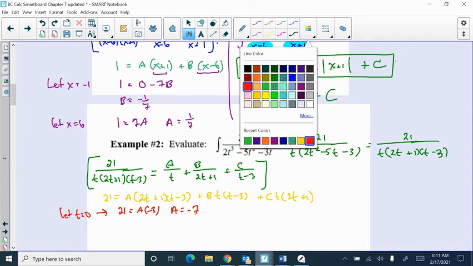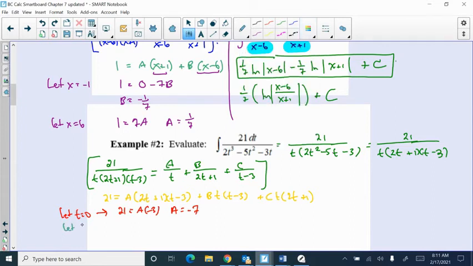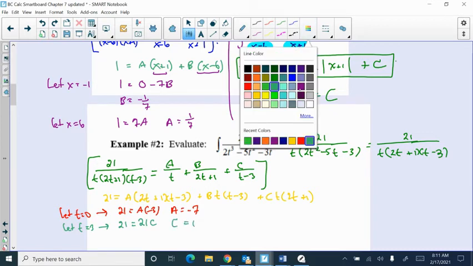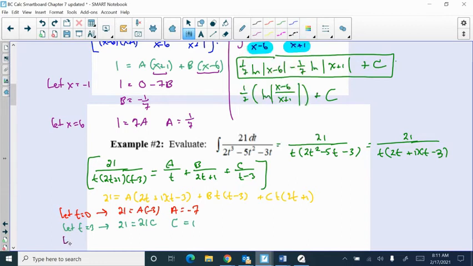Then let's let t equal 3. And again, that implies that the left side is 21. Anytime there's a t minus 3 factor, that cancels. So this is 2 times 3 is 6, plus 1 is 7. 7 times 3 is 21. So it looks like this one is coming out to pretty nice numbers. And then our last one, let's let t equal -1/2, because that's going to cancel that factor and that factor.